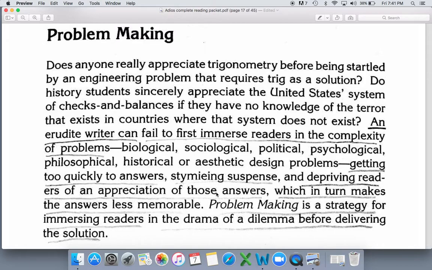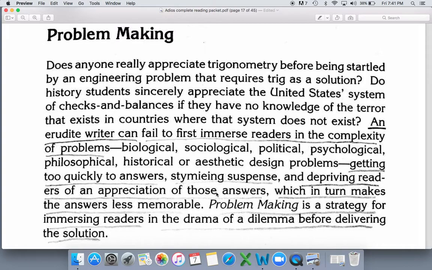The writer says, an erudite writer can fail to first immerse readers in the complexity of problems. Biological, sociological, political, psychological, philosophical, historical, or aesthetic design problems. I'll add personal or societal or cultural to the list as well.